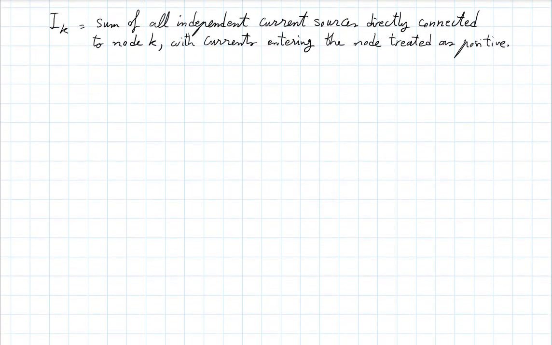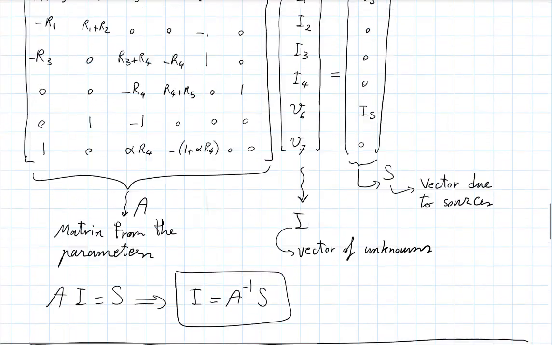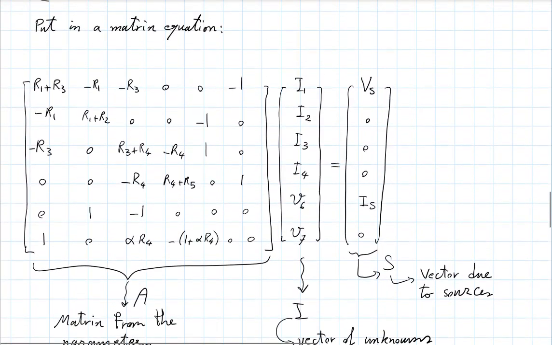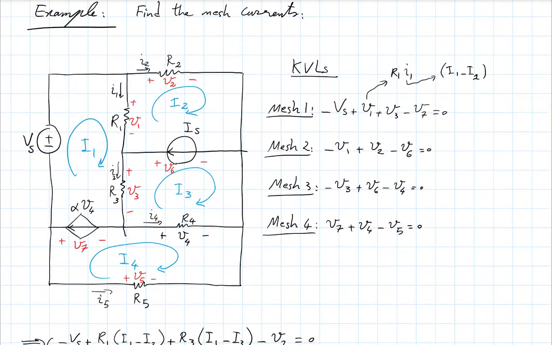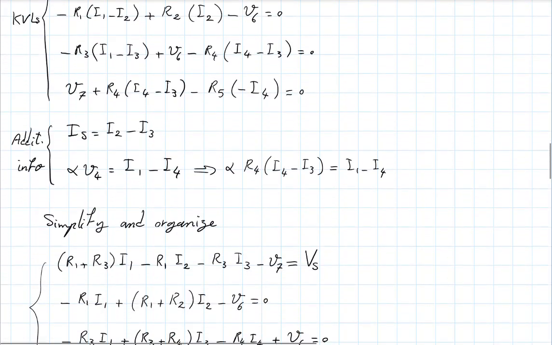And similarly, now I'll go a little faster and write the mesh analysis recipe for this special case. We talked about it briefly, so I just want to write it down. You see R1 and R3 there: you had the sum of the resistances in mesh 1 on the diagonal element. And then you had the negative of the resistance that was shared between mesh 1 and 2, that was element 2,1, and so on.